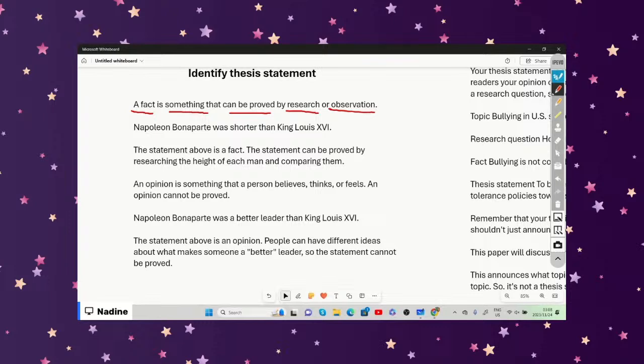And the statement above is a fact, which is Napoleon Bonaparte. The statement can be proved by researching the height of each man and comparing them, and that is what's going to pop up.